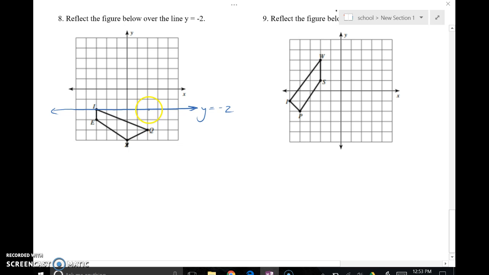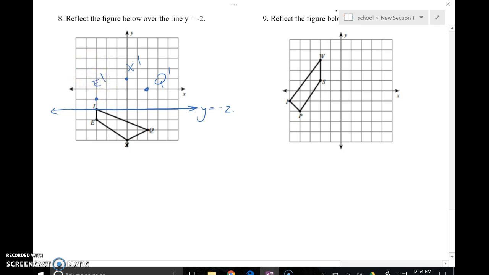Keep in mind that Q is 2 units below, so it's going to go 2 units above. There's the new Q value. X is 3 units below, so it's going to go 3 units above. New X. E is 1 unit below, so it's going to go 1 unit above.